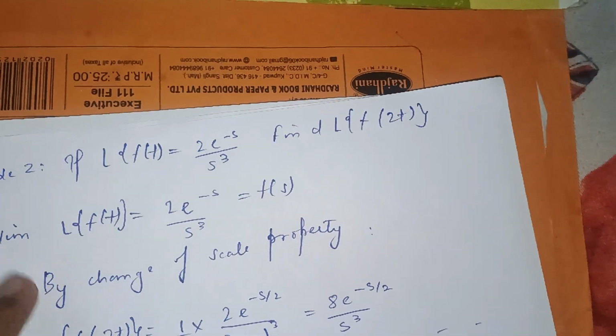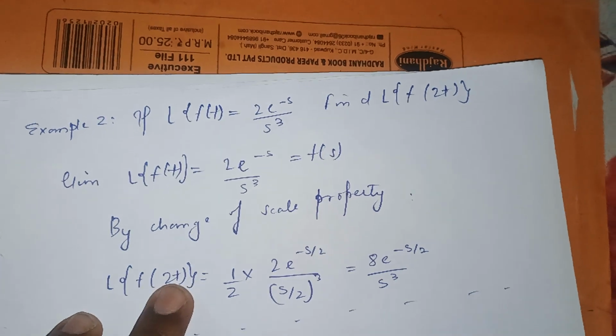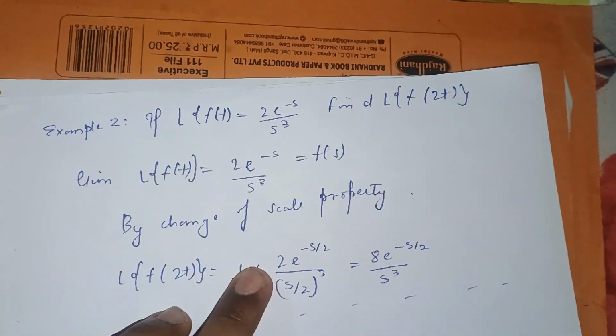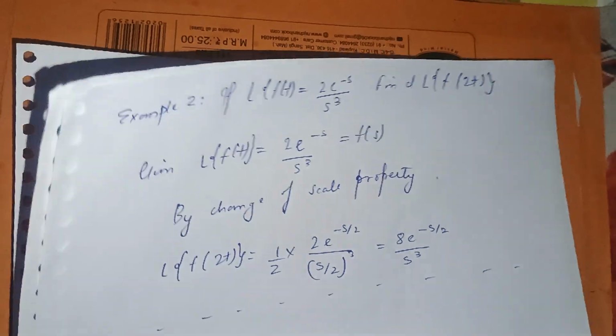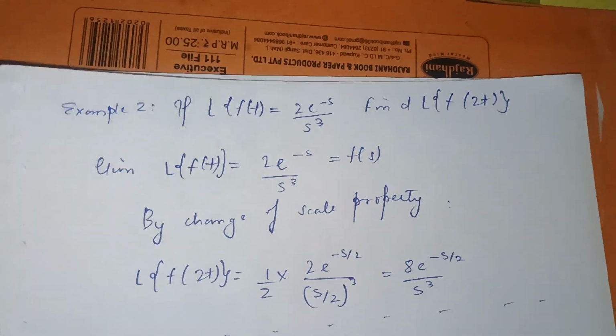We write the given, and we know by the change of scale property L of f of 2t would be given by 1 by a F of s by a.